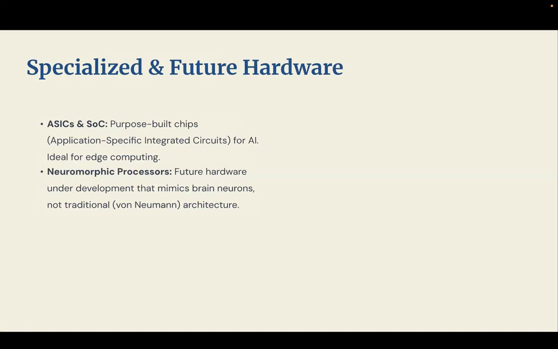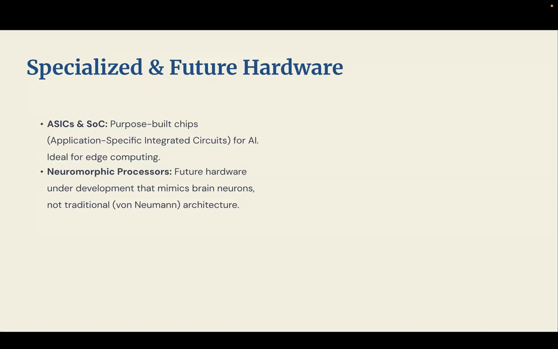There are also some specialized and futuristic hardware that is already being built, called ASICs and SoCs. These are actually chips, very small chips, like the integrated circuits you might have seen, the size of your finger or something like that. They are building hardware of that size specifically for AI.